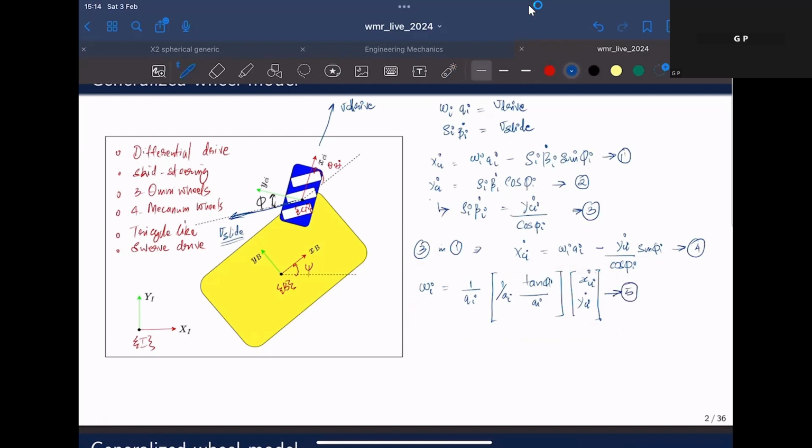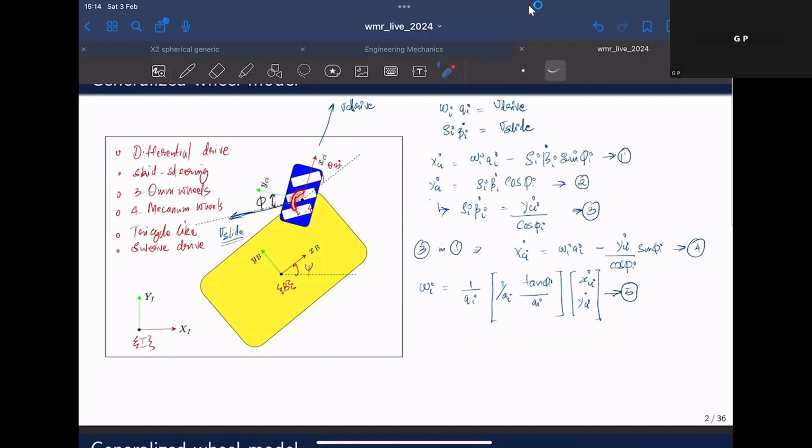This XCI and YCI are all expressed with respect to frame C. It may be confusing at the beginning, but the vectors XCI and YCI are all represented with respect to the frame CI.